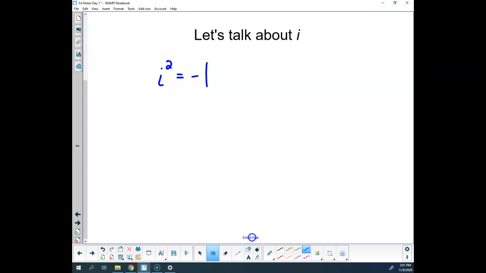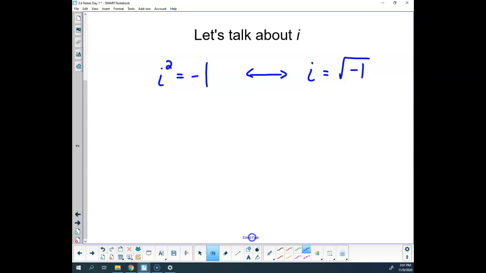So then from that, we get the fact that i is the square root of -1. And we're going to utilize that to solve polynomial functions for all of their roots.